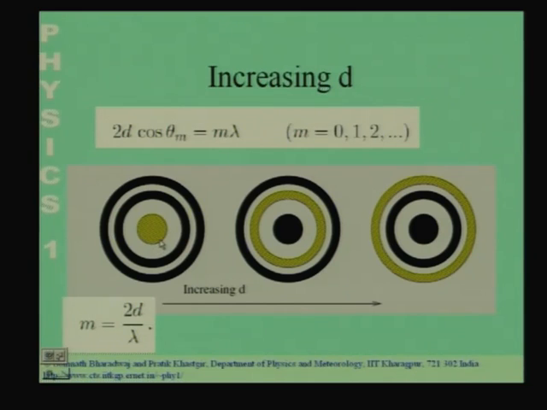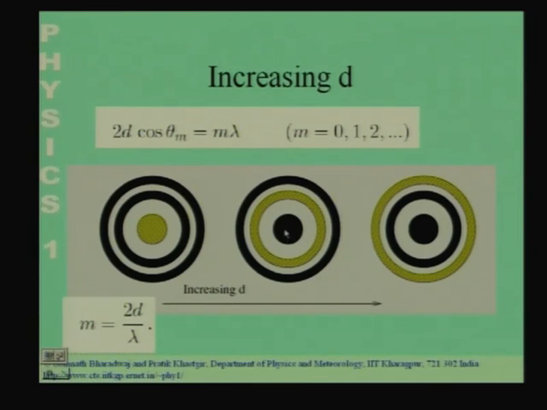the center. Now, as you move one of the mirrors, increasing d, the mth order fringe will move outwards, as you can see here. It will move out and you will get a new fringe. This fringe is now of an order which is higher than this because d has increased, so m also has to increase.